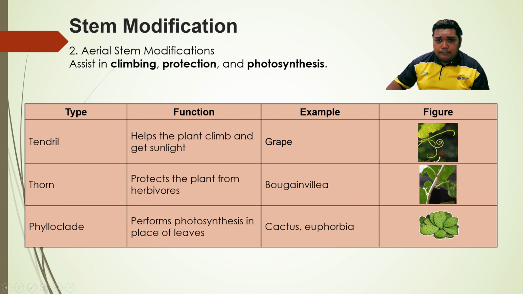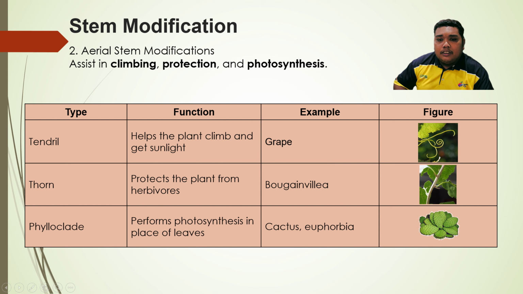For the second stem modification, we have aerial stem modification. It exists for climbing, protection, and photosynthesis. We have three parts. Firstly is tendril, which helps the plant climb and get sunlight, such as grape. We can look at this picture, we have the spiraling part of the stem, that's called tendril.